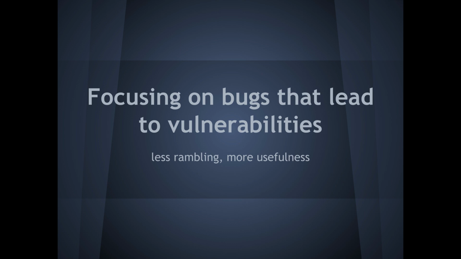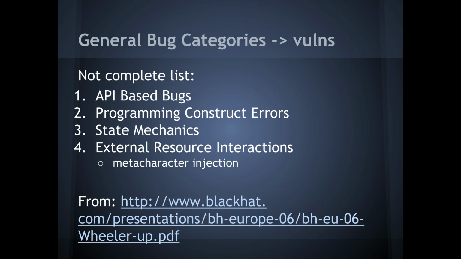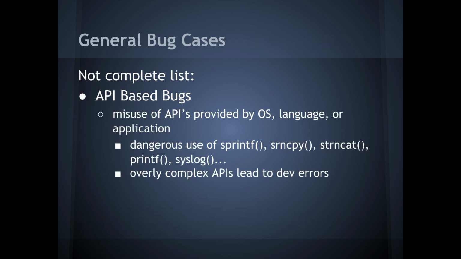You can come up with overall strategies for attacking those, but the list I have here comes from a Black Hat presentation in 2006, and they roughly correspond to those 7 kingdoms that were described earlier. But these 4 are often the heavy hitters for binary application bugs, which are the topic of this week and today's lecture.